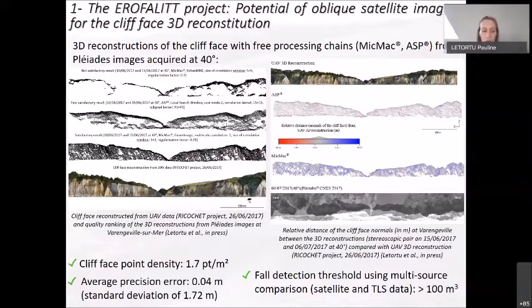We reach a cliff face point density of 1.7 points per square meter, with an average precision error of 4 centimeters. This value allows the detection of falls using multi-source comparison greater than 100 cubic meters, which means that 69% of the falls around the studied area could be observed.